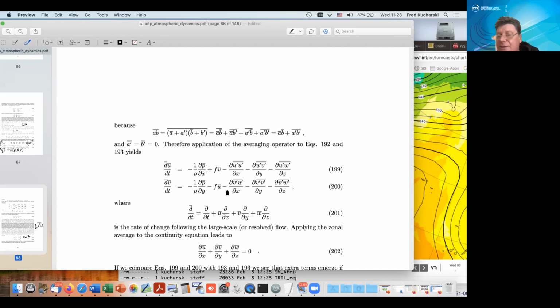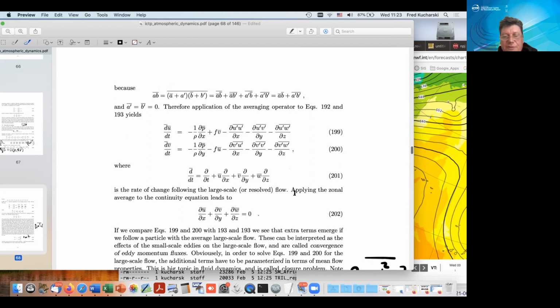But in the boundary layer, it turns out that the boundary layer processes, having the roughness of a surface present, make the small scale flows so powerful that they may disturb our mean flow. So they may interact with our mean flow. And this is, of course, an empirical evidence that we have to accept that this is the case.